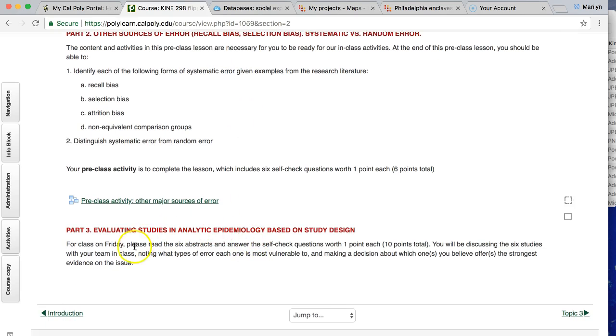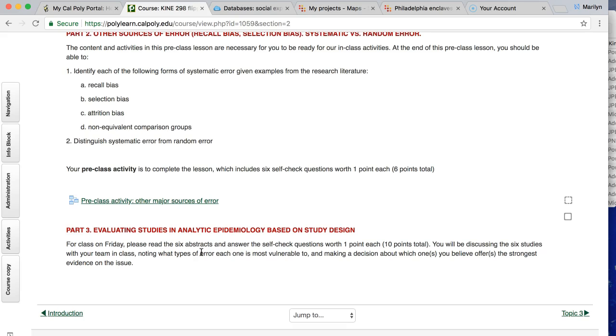And then on the third day is really where they're demonstrating their knowledge and applying it to a different topic. So they'll get to read 6 abstracts of scientific studies and evaluate them based on what they know about study design. The 6 studies would represent studies of different designs.